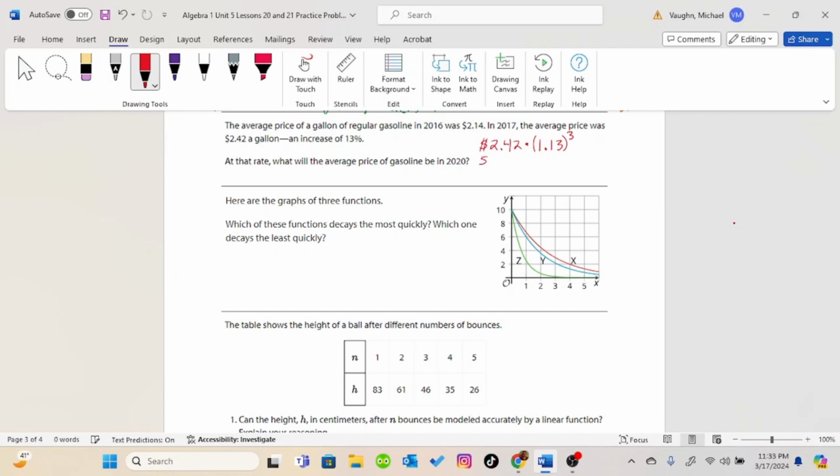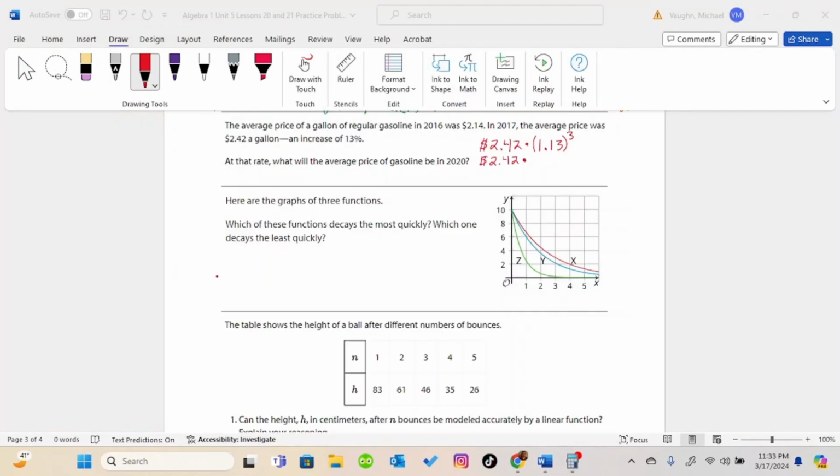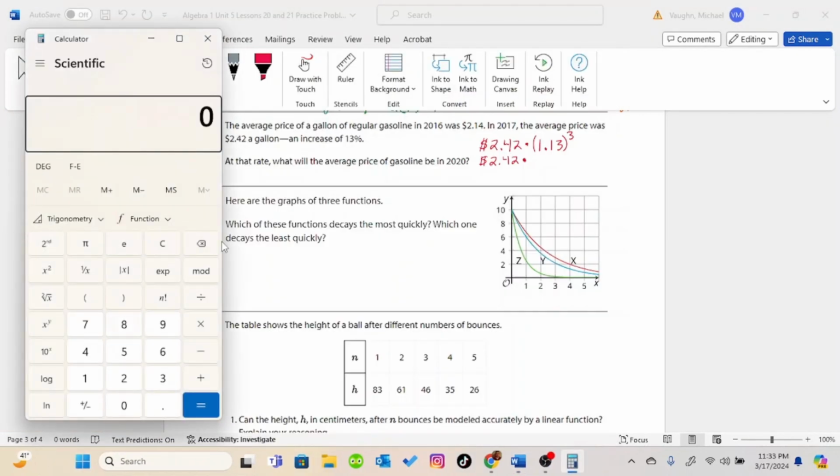We do the exponent first. We have $2.42 times, on a calculator, we're going to do 1.13 to the power of 3.